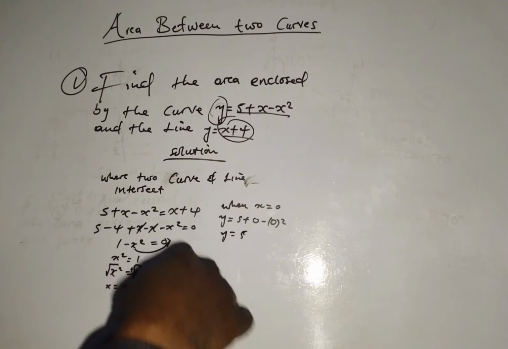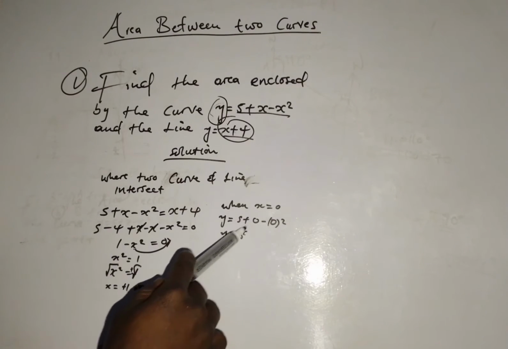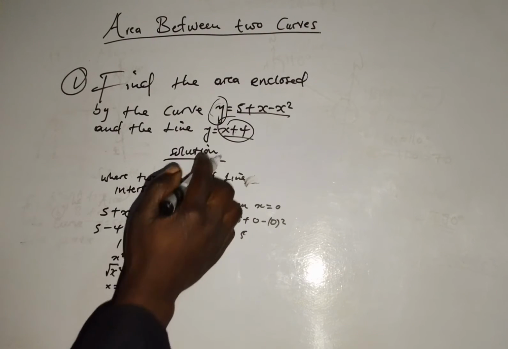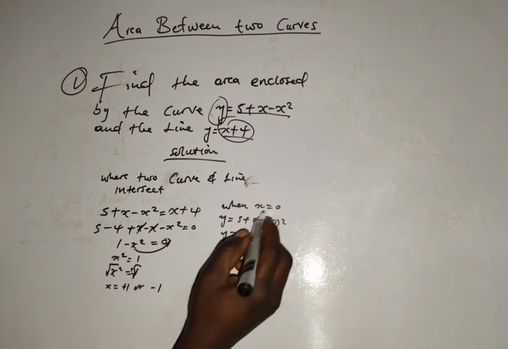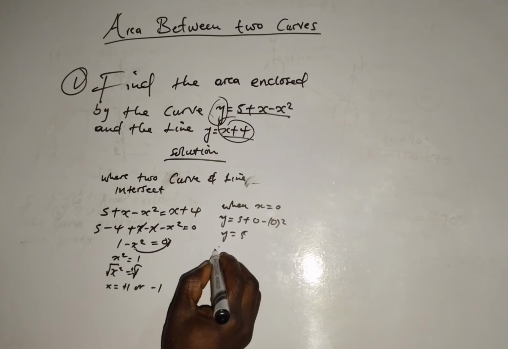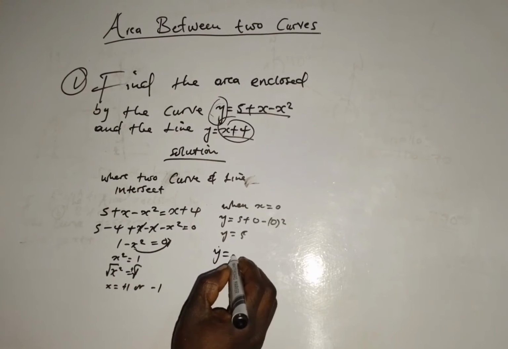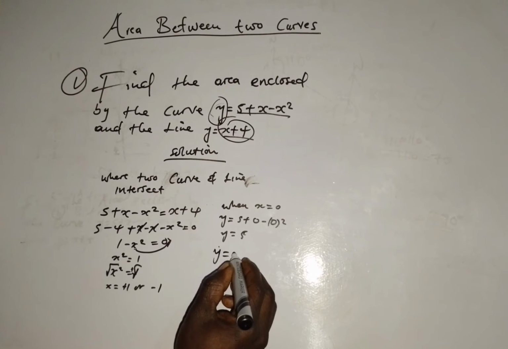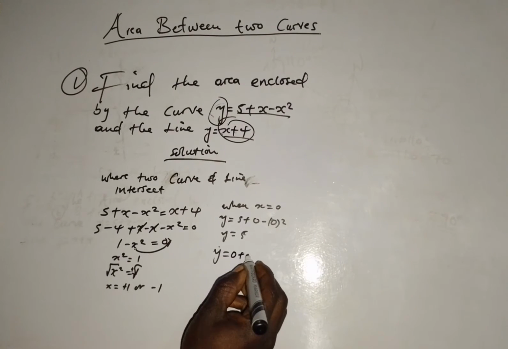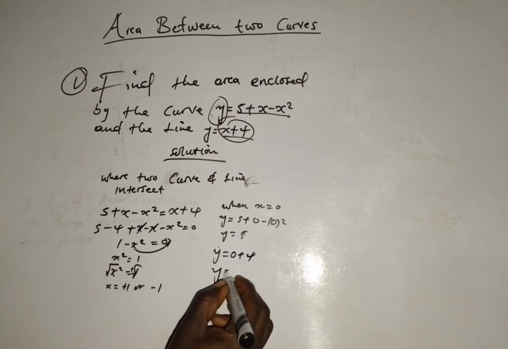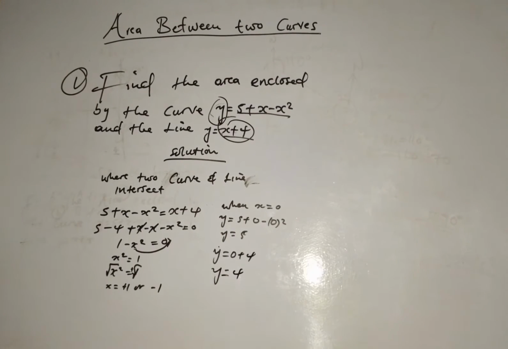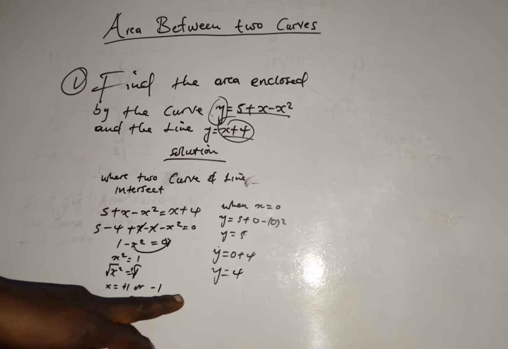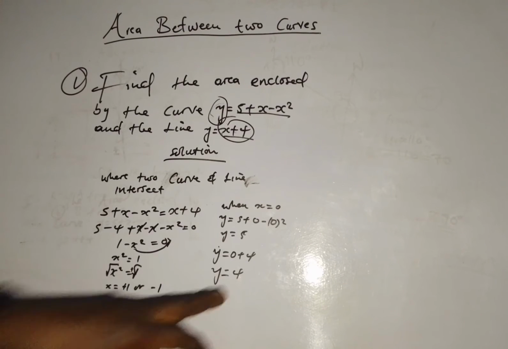So this is where the curve cuts the y-axis. For the line, when x equals 0, y equals 0 plus 4, so y equals 4. So this line cuts the y-axis at 4.